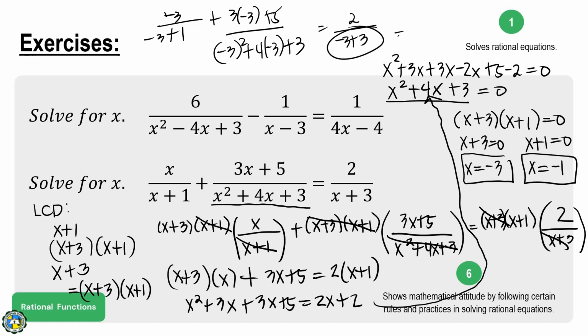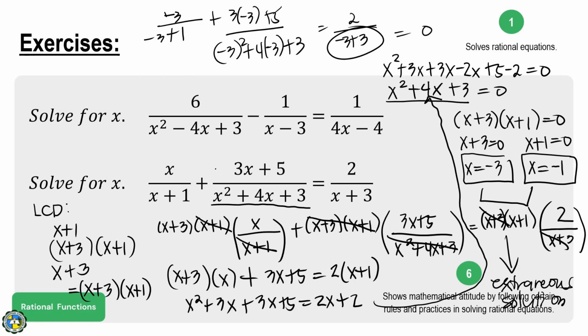Right here, we can already see that this will be 0. Okay, so remember, when our denominator becomes 0, therefore these two values are what we call extraneous solutions. Again, this is an extraneous solution, because we will come up with an undefined solution.